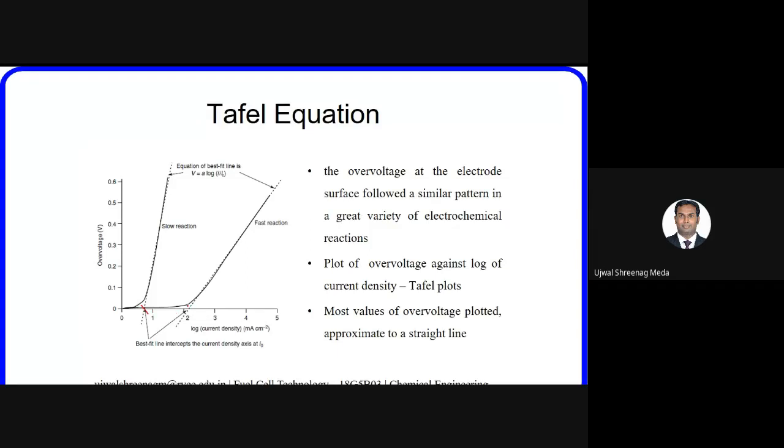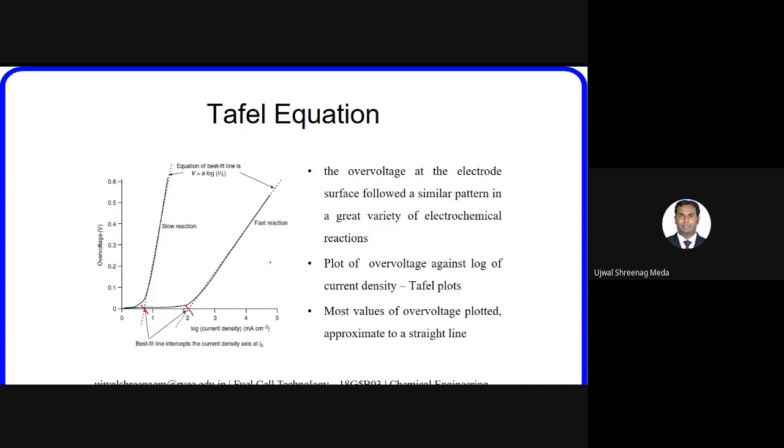These points, these values, are nothing but the exchange current densities. For a slow reaction, this I naught value is small. For a fast reaction, this I naught value is large, which is in accordance with the equation.